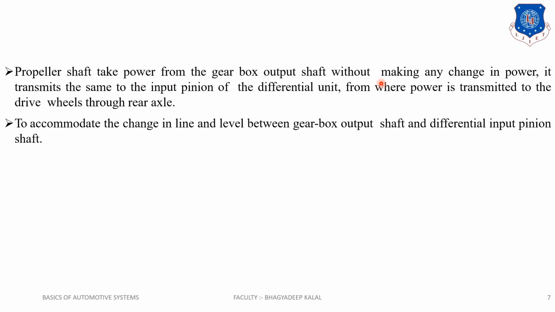That means it takes power from the gearbox and, without any loss, transmits the same to the input pinion of the differential unit. Whatever power comes on the gearbox shaft is taken by the propeller shaft, and the same amount is transmitted to the differential mechanism, or bevel pinion of the differential unit, from where power is transmitted to the drive wheels through the rear axles.